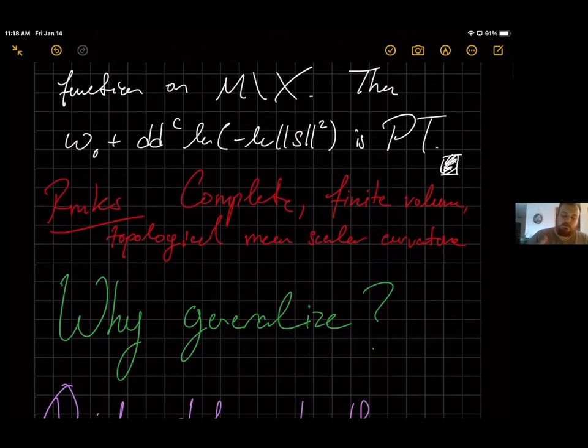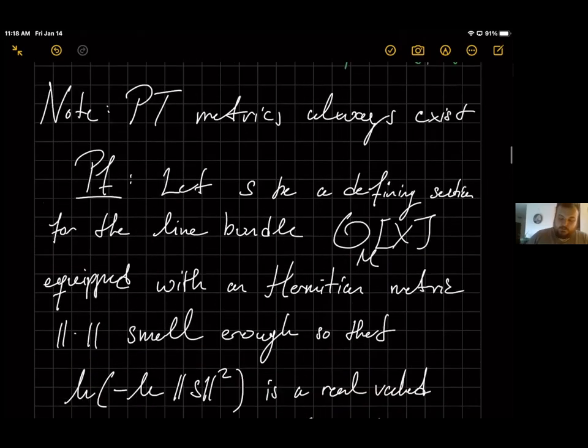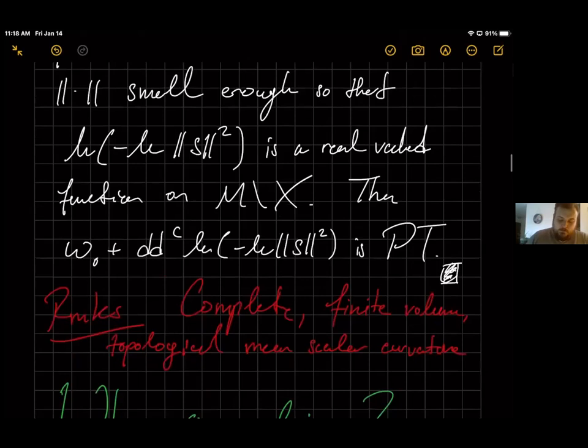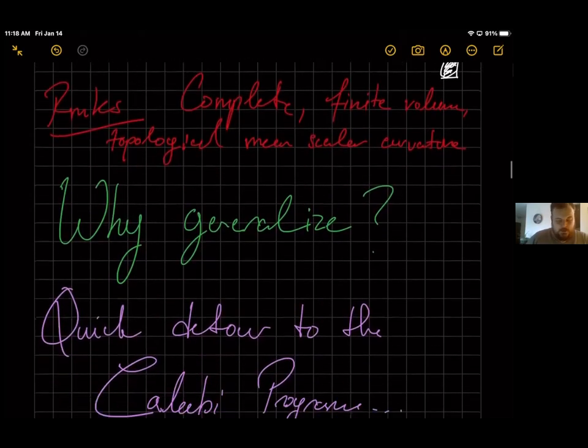Here it's similar, but you also have to include the first Chern class of this line bundle that I've defined. But there's a way to do that. So you can study them in ways very similar to the compact Kähler case. You mostly just have to make sure a lot of integrals converge, but they typically do, and then things work out there. So if these are nice, why am I talking about generalizing them?